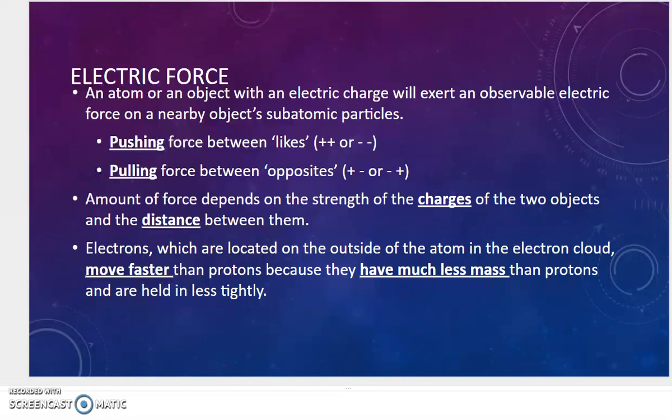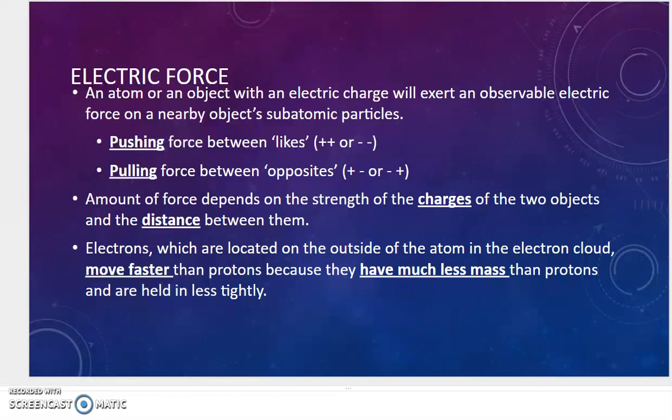But with opposite sides of magnets, just like two ions, one with a positive charge and one with a negative charge, they pull closer to one another. That's what we mean by electric force: two items come close to each other and either push or pull because they have like charges or opposite charges.